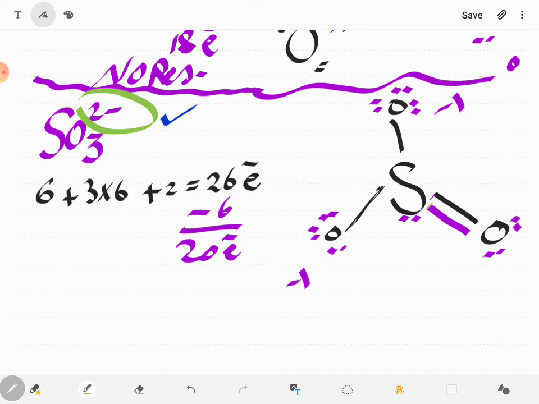One electron, one electron, one electron, so 1, 2, 3, 4, 5, 6. So 6 minus 6 equals 0. So the charge on sulfur became 0, and the charge here is 0. So I delete the two charges, leaving minus 1 here and minus 1 here. Very nice.